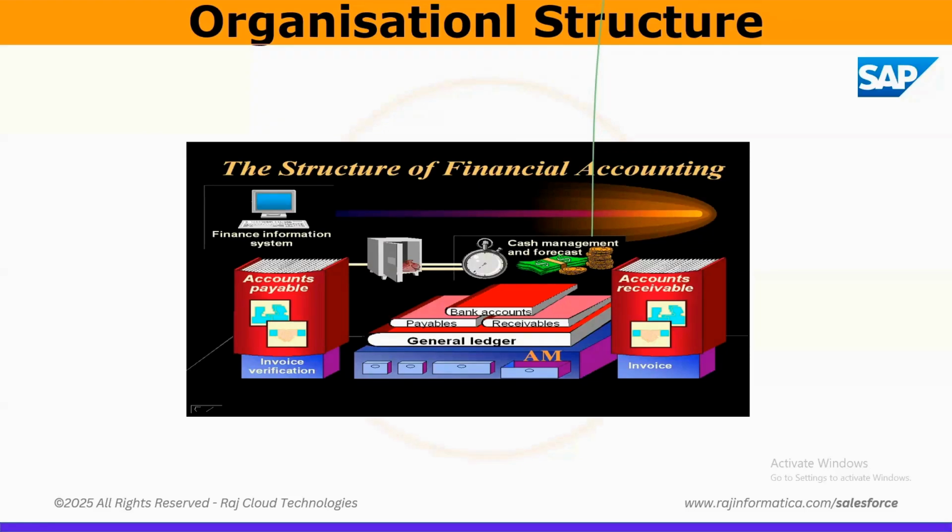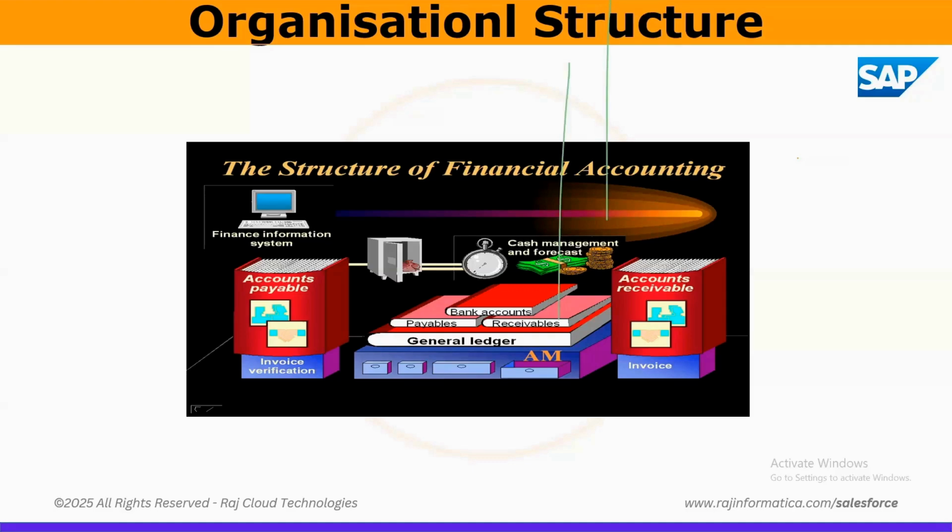So what we have to do as a consultant, first, is understand their requirement, like how many companies are there, what particular company setup they are in, and what financial year they are following. So the basic setup of their org structure, along with the name of the company, we have to define and design in SAP.